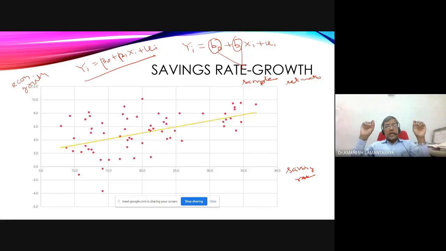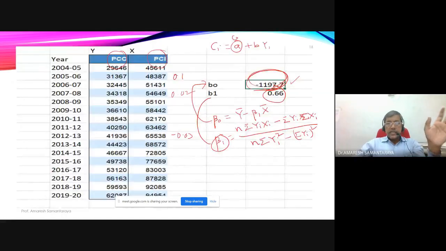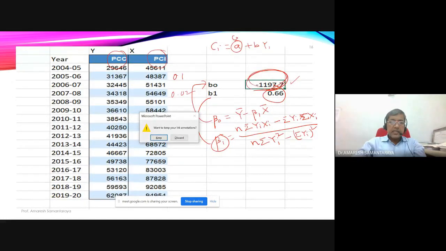Population parameters are the coefficients of the model constructed for the population, and sample estimates are the coefficients based on the sample. So in reality, what you are actually estimating are sample estimates. Like here, I have estimated these numbers. Let me clean these here.